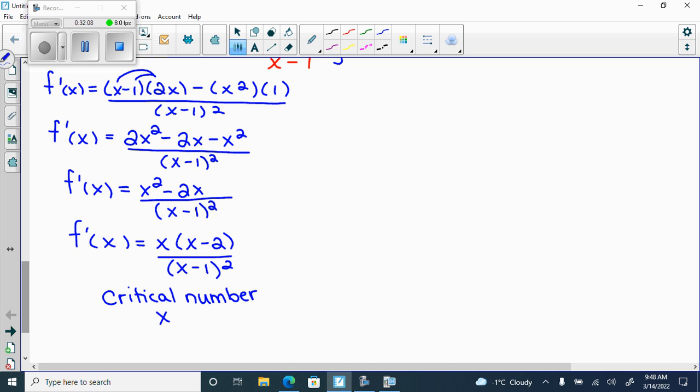If I get x equals 0, 2, and 1, I told you that's where max, mins, and points of inflection occur, because we've only talked about polynomials. But if it's a rational, it's going to have an asymptote right off the bat, like you know from 30-1. So these critical numbers, 0, 2, and 1, when it's a rational function, could be a max, a min, a point of inflection, or an asymptote.